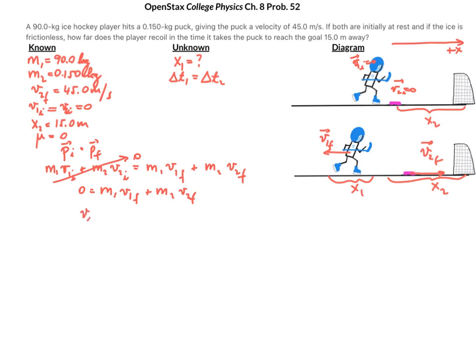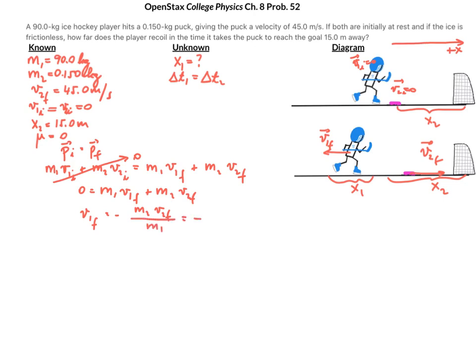Sorry, we want to find the velocity of the hockey player. So v1 final is going to be negative m2 v2 final divided by m1.